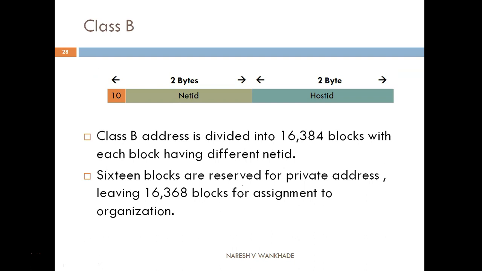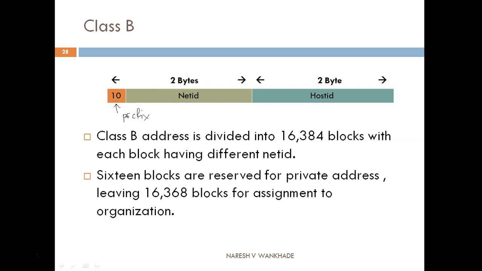Class B addressing. In class B, 2 bytes are there for network ID and 2 bytes for host ID. In these 2 bytes, this 10 is reserved for prefix.